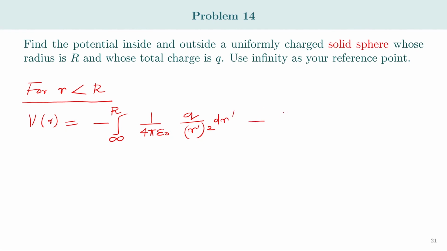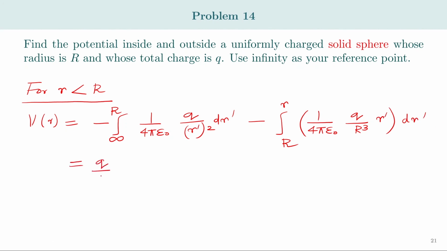And the second integral starts from the radius of the sphere R up to a point inside the sphere r, and in that case the electric field is 1 over 4 pi epsilon 0 q over R cubed times r' dr'.